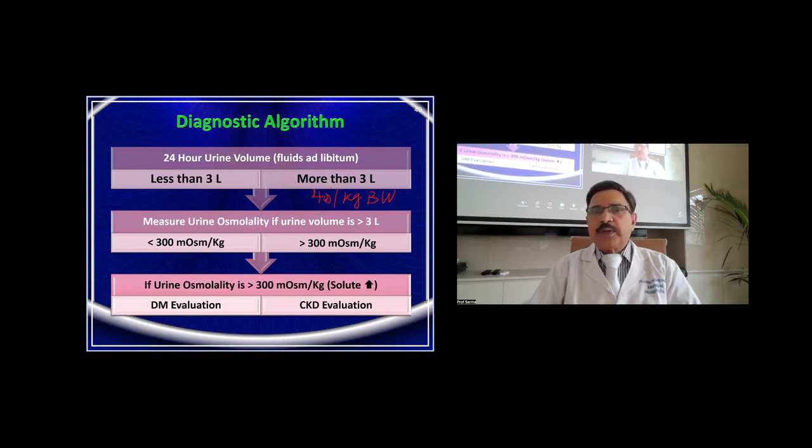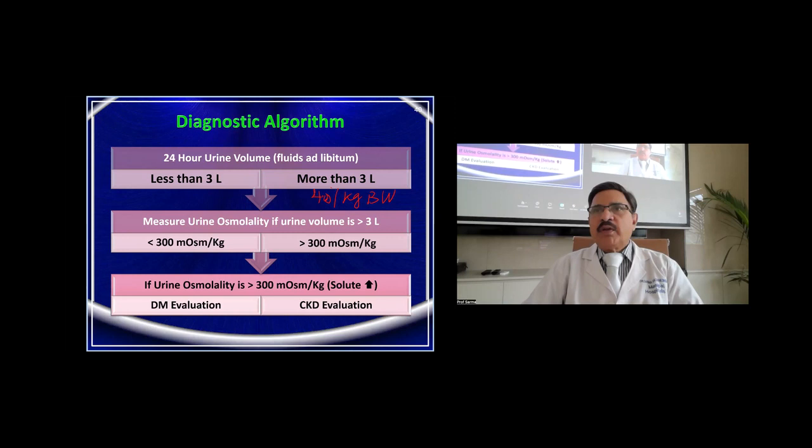In this patient, what is the osmolality? If the osmolality is less than 300 milliosmoles per kilogram, it is measured in milliosmoles. If it is less than 300, it means he is passing a very dilute urine. Not only is there a large quantity of urine, more than 3 liters, the quality of the urine is dilute. Why is it dilute? Because water is not reabsorbed.